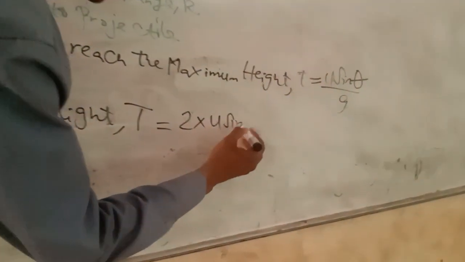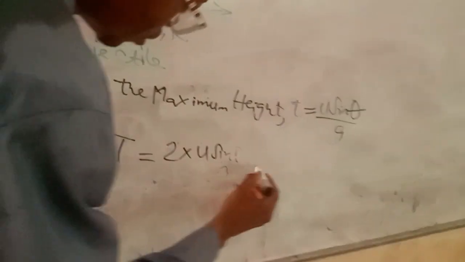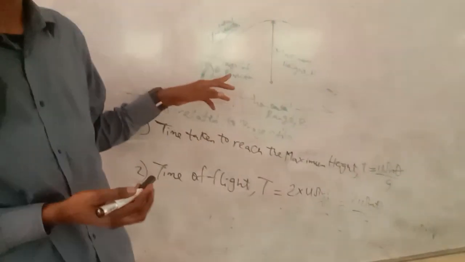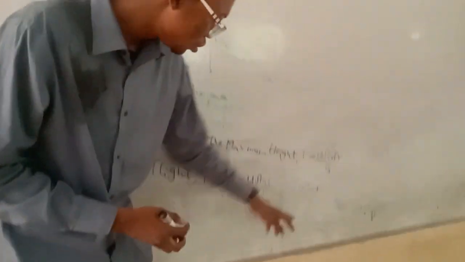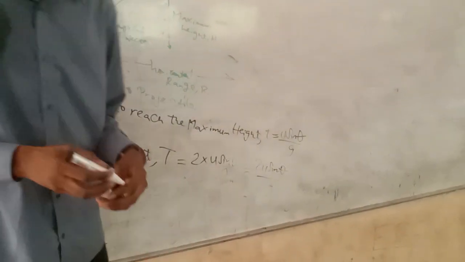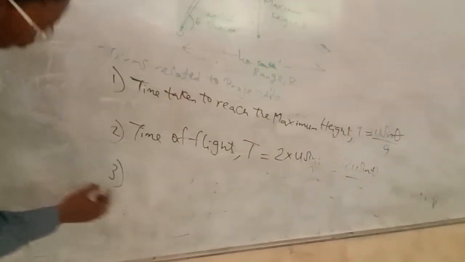That is 2 times u sine theta over g. Then you're going to have 2u sine theta over g. I hope you remember what theta is: your angle of projection, right? And your g is the acceleration due to gravity, and your u is the initial velocity.